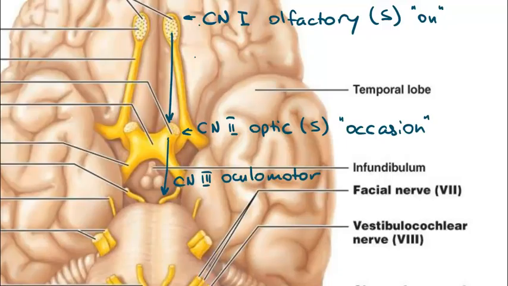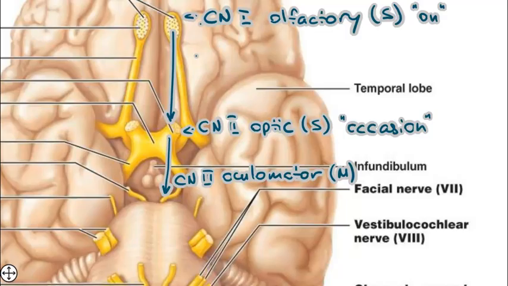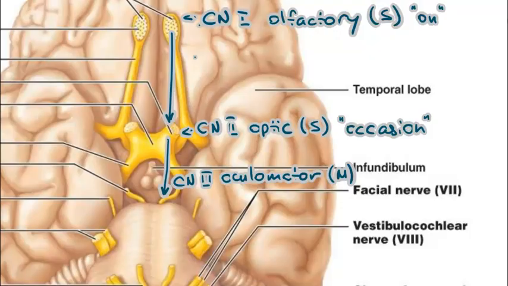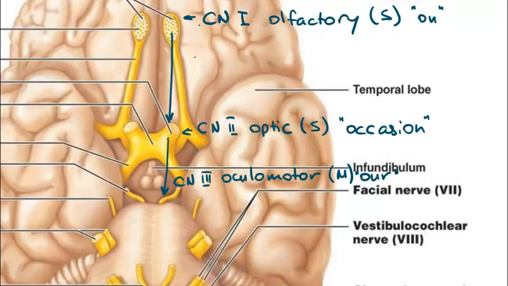For our purposes, oculomotor nerve is motor, and the word for the mnemonic rule is "hour". From cranial nerve 3, we move to cranial nerve 4, called trochlear.